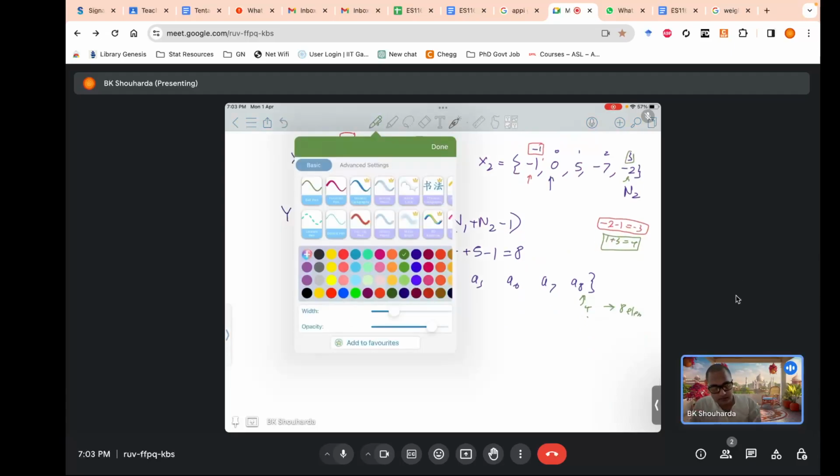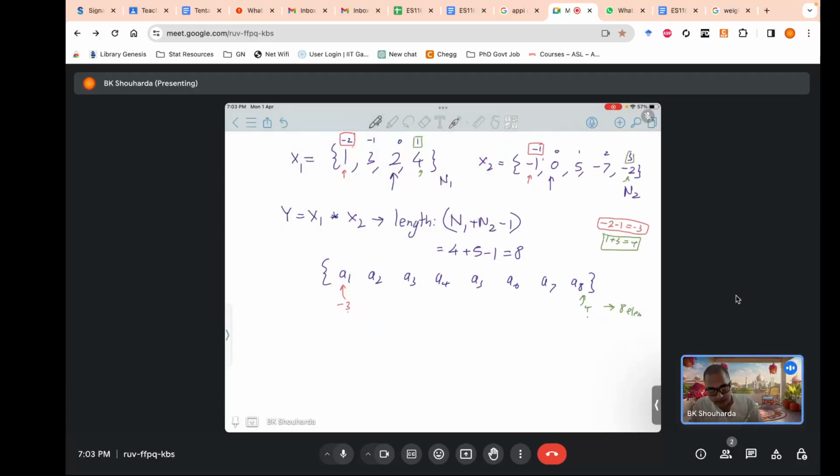You have x1, so let's put the elements of x1 in a row: 1, 3, 2, 4. Now let's put the elements of x2 in a column: -1, 0, 5, -7, -2.